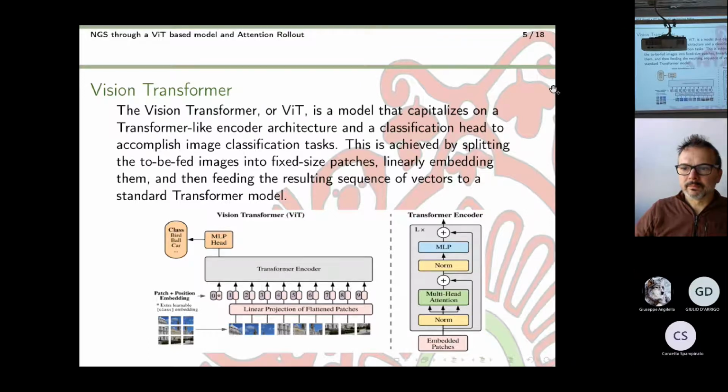Here comes the vision transformer, which basically exploits just the encoder part of the classical transformer architecture, but this time it is an architecture designed for the analysis of images. So the input should be fed in a different way. In particular, an image should first of all be subdivided into patches, and then each patch should be linearly embedded and fed into our model.